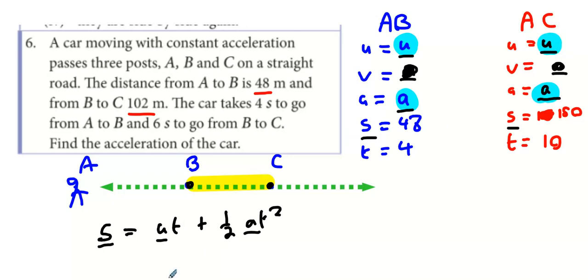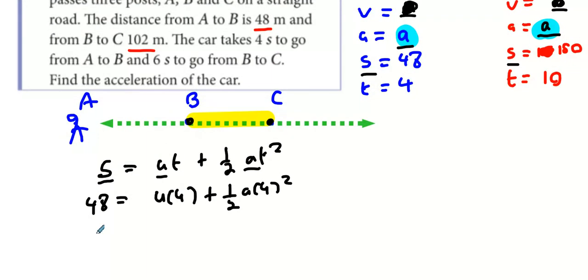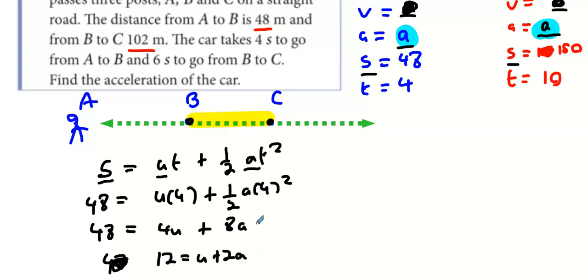So let's do this. 48 equals what, guys? U times 4, plus a half A times 4 squared. 48 equals 4U plus 8A. Divide by 4 and we get 12 equals U plus 2A.